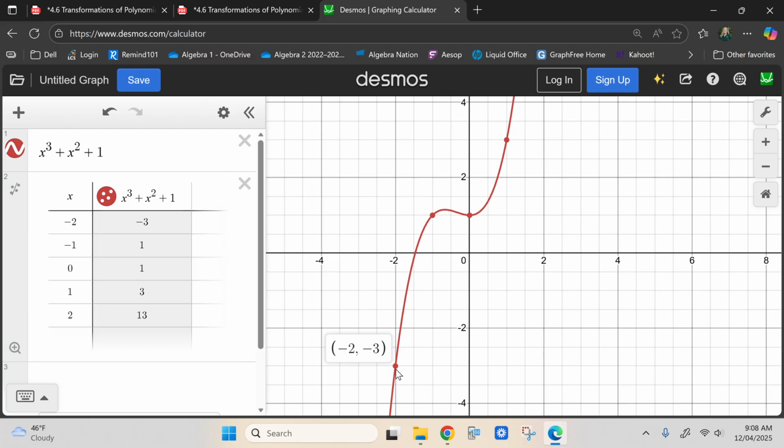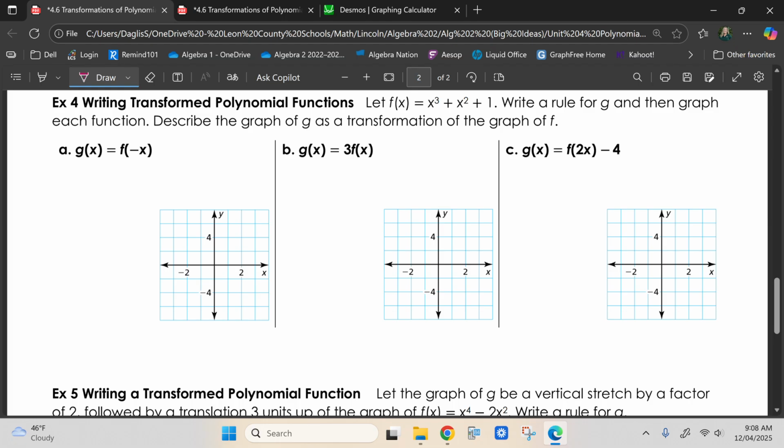So you're graphing these on all 3 of my blank graphs. All 3 of them get this graph. -2, -3. -1, +1. 0, 1. And then 1, 3. They all get these points. Watch out, your y's are going by 2.